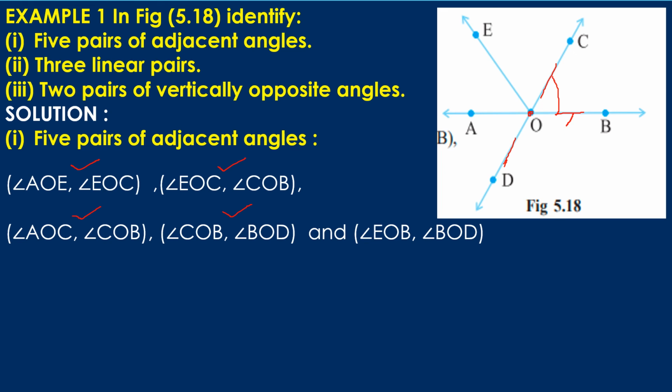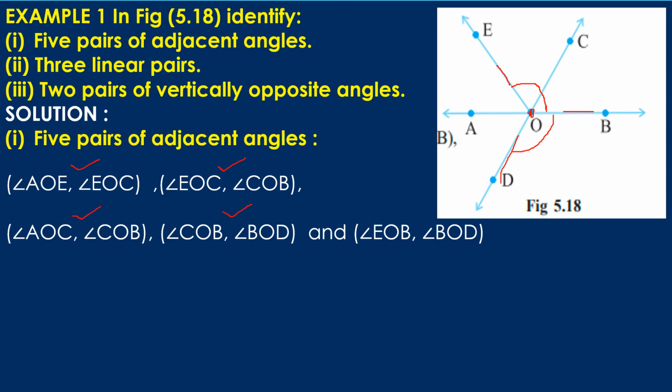And similarly, one more pair of adjacent angles is angle EOB and angle BOD. Correct? So these two are said to be adjacent because here this is one common side, and here we have two non-common sides and one common vertex.